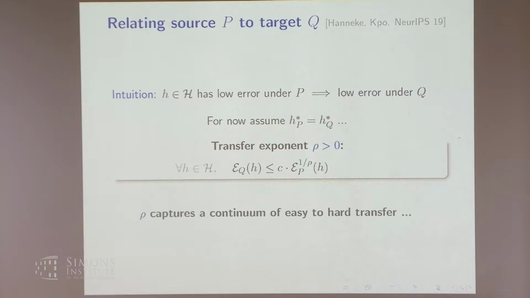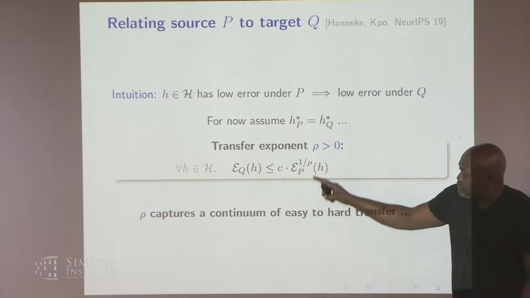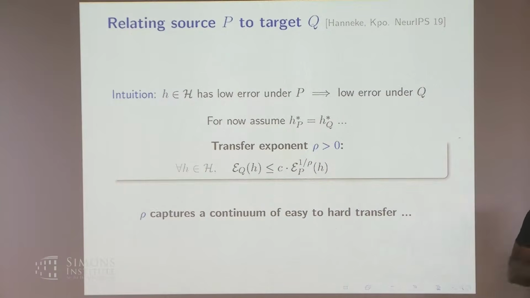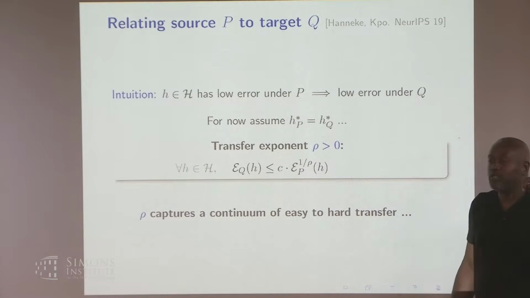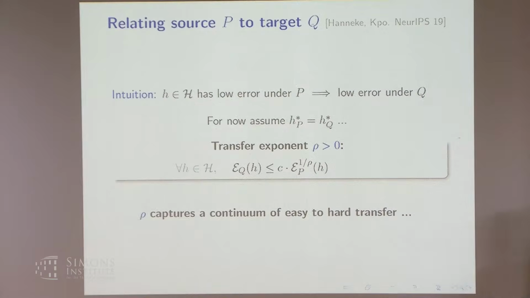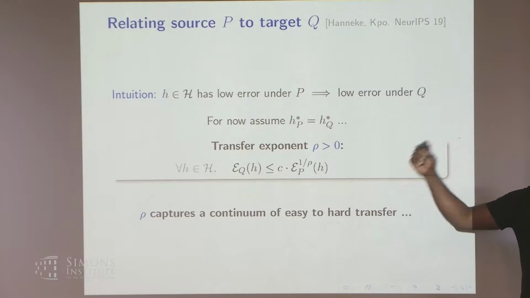All right. So this simple thing will be shown to capture some type of continuum between easy and hard transfer, and especially going back to one of the questions I asked, which was if P appears far from Q, does that mean that transfer is hard?